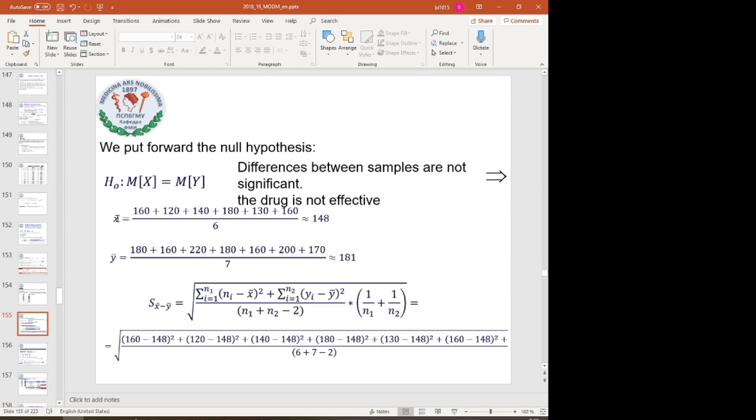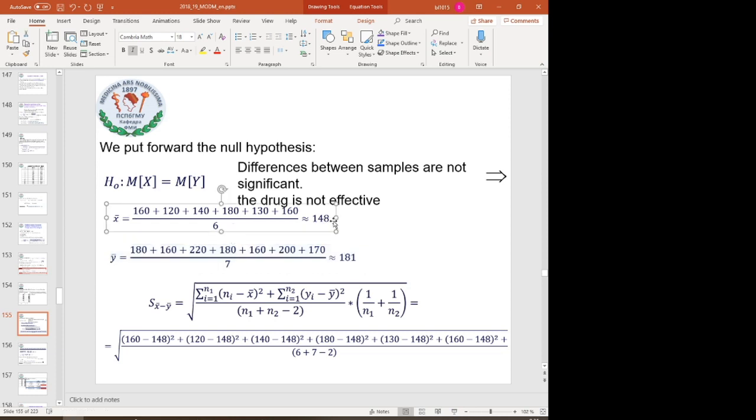Firstly, we should calculate the mean value for both samples. For the first one, it's about 150. For the second one, it's 180. And we see the difference is quite big.